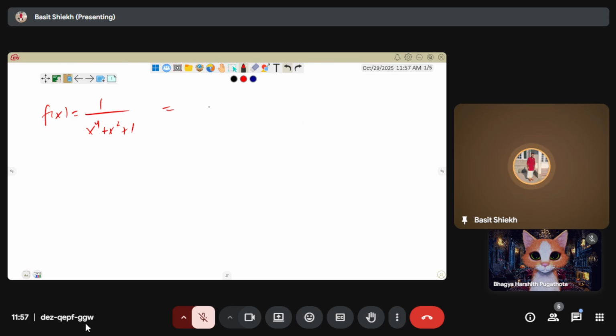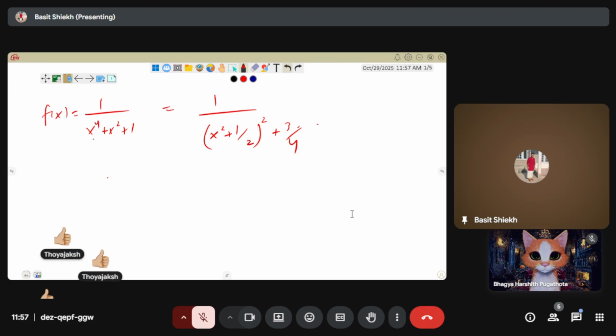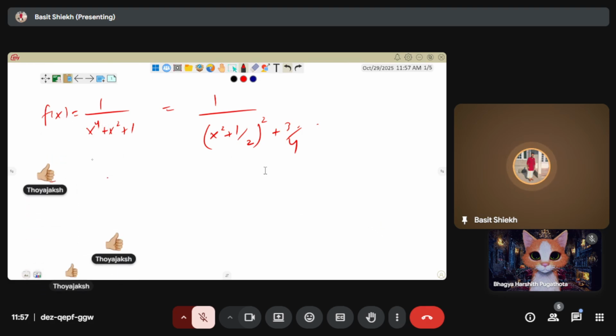Can we write this as 1 divided by x square plus 1 by 2 whole square plus 3 by 4? Otherwise, if you did not get this, put x square equal to t. This can be written as t square plus t plus 1.